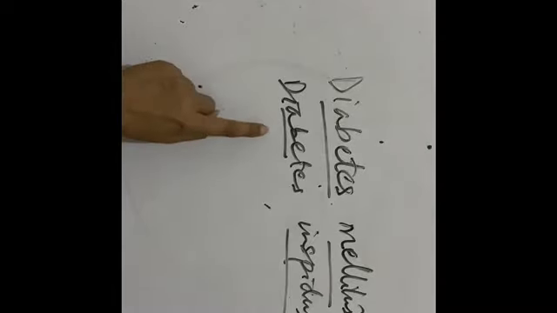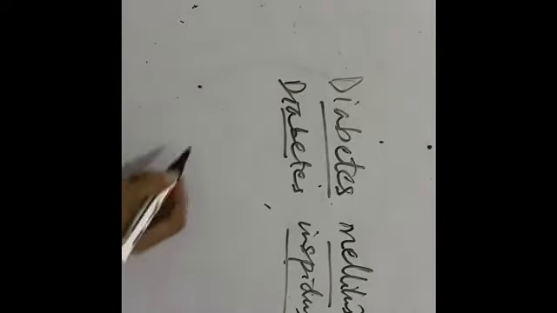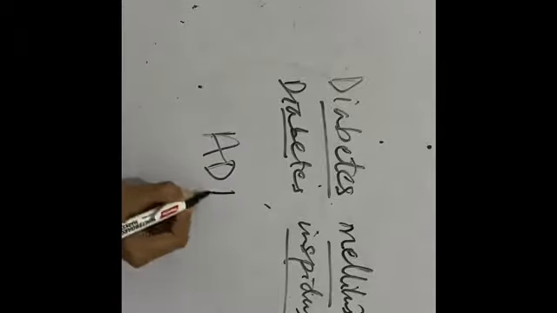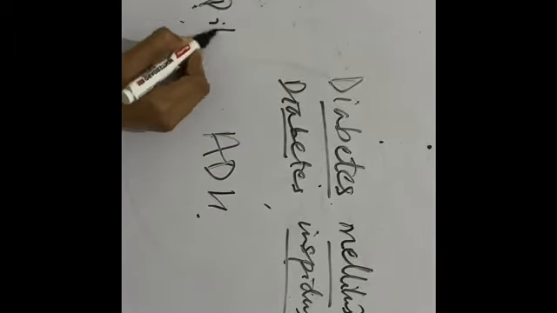So why diabetes insipidus? There is one hormone known as ADH released by the pituitary gland. The pituitary gland releases the hormone known as ADH, anti-diuretic hormone. This hormone is controlling the concentration of water which needs to be thrown out along with the urine.